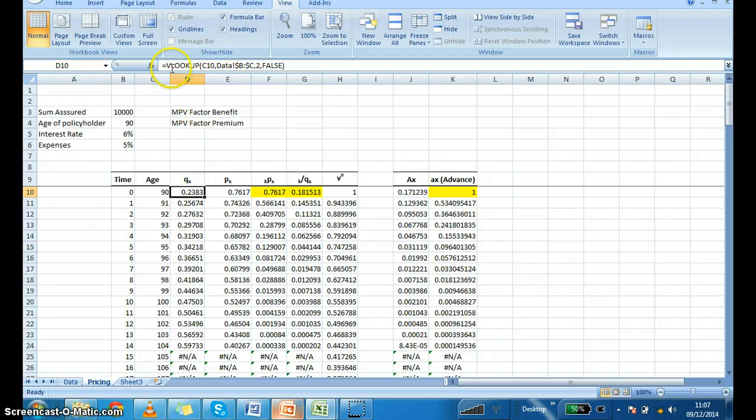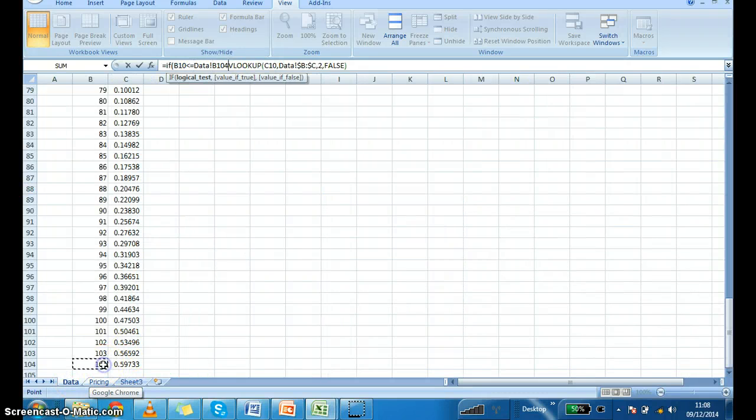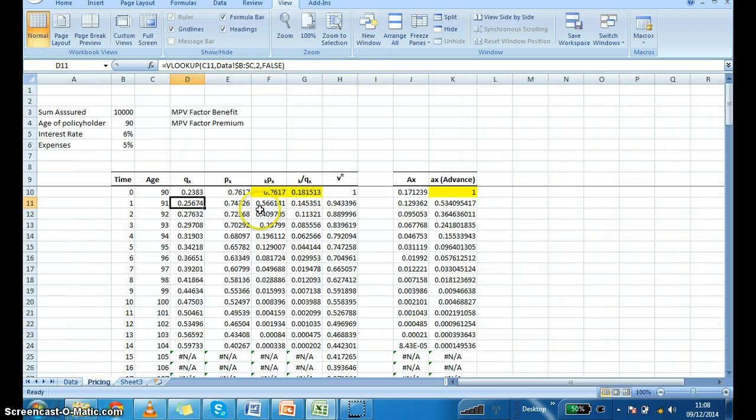So we can use an IF function: if this is less than or equal to 104, then put that as a static, then give us that, otherwise give us 0.